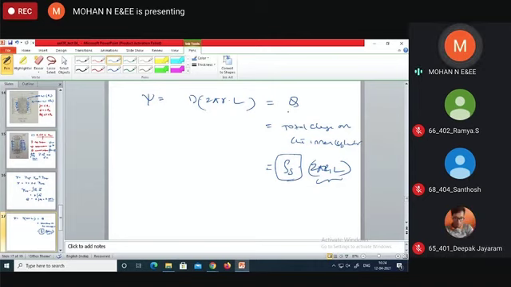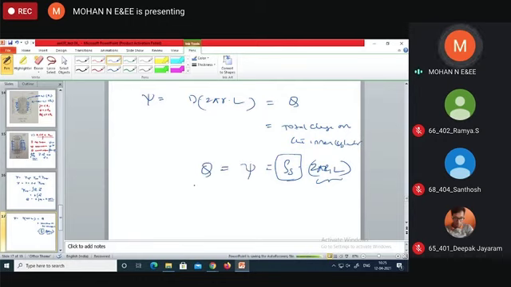Using this, you can find the total charge on the inner cylinder, which is equal to the flux crossing through this Gaussian surface.